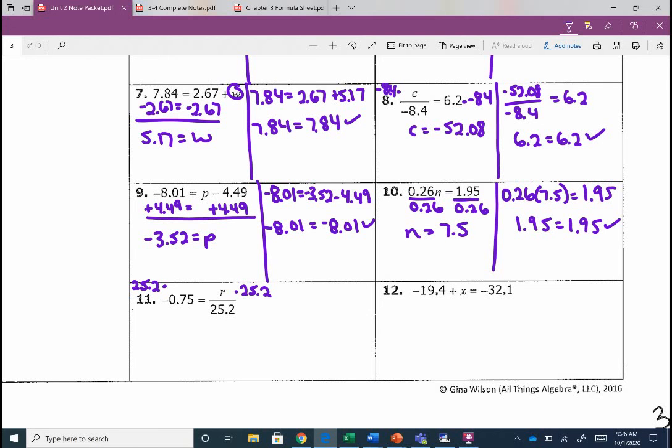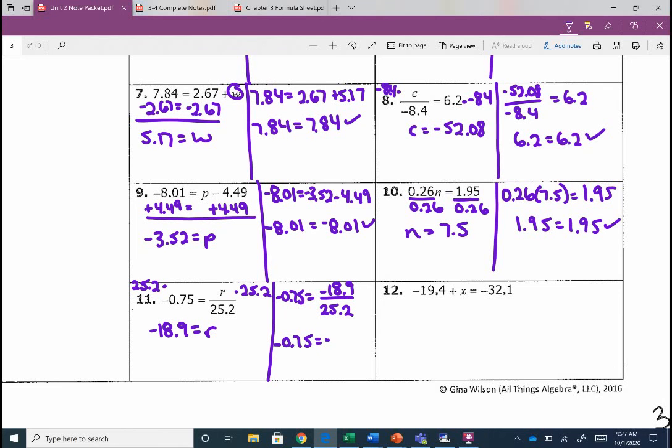So we end up with 25.2 times negative 0.75, and we get negative 18.9 equals our r. We can check it. And we pop that in our calculator, and please make sure you're using your calculator for all this computation, otherwise these questions will take us quite a while to do.